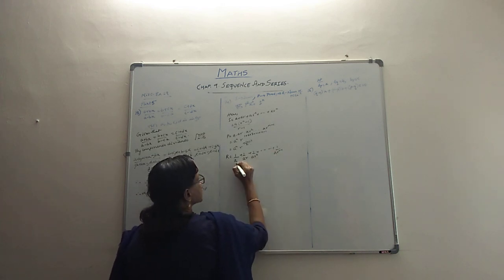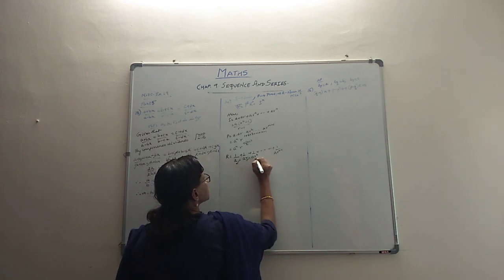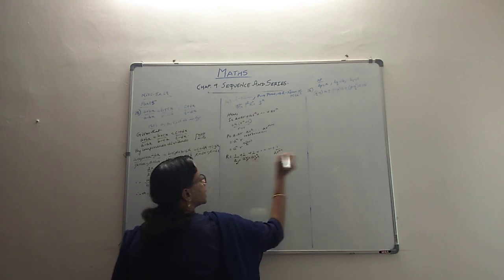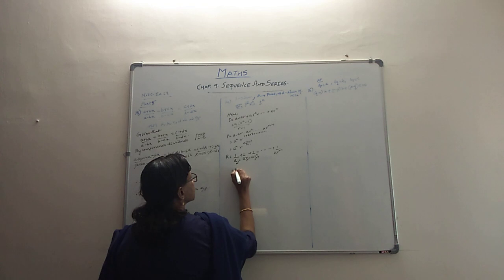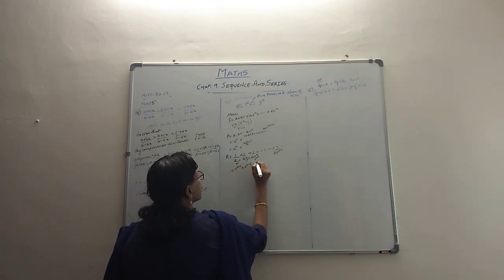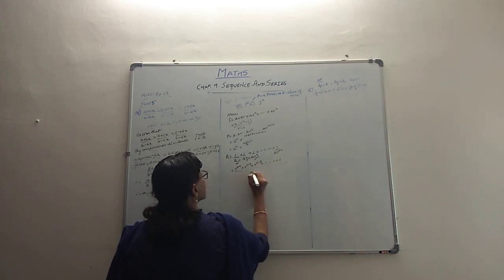So this has to be multiplied by r raised to n minus 1, both in the numerator and denominator. Here by r^(n-2), r^(n-3), and so on. Everywhere you have got to multiply by some number so that it becomes equal. So here it is r^(n-1), r^(n-2), r^(n-3), and so on till 1, and the denominator is common.